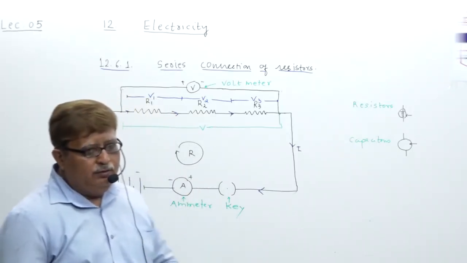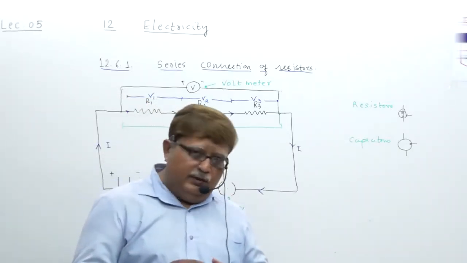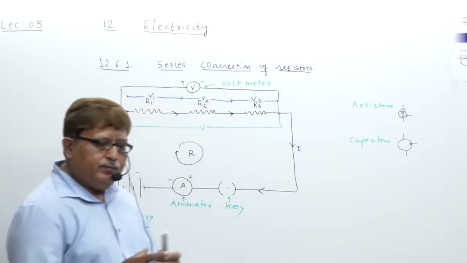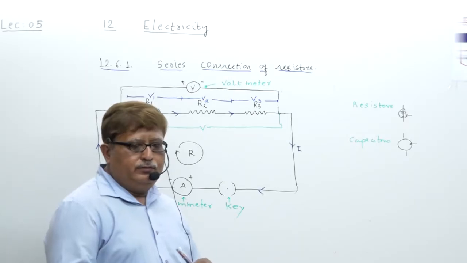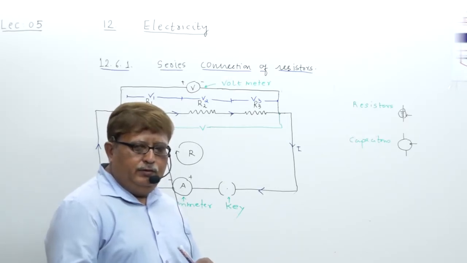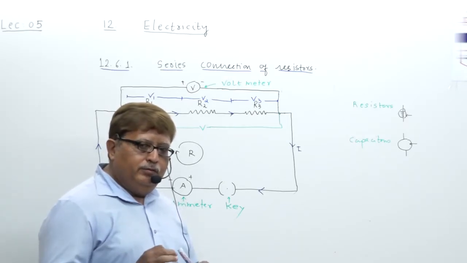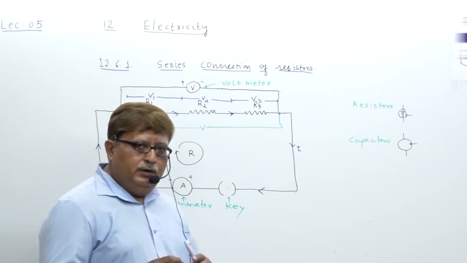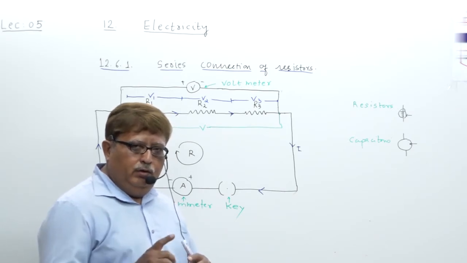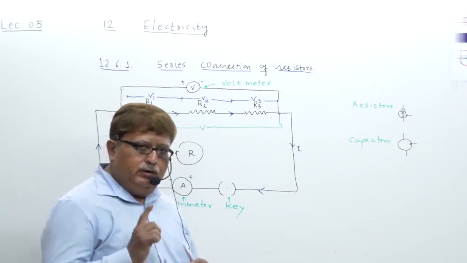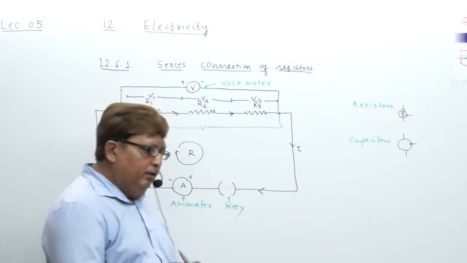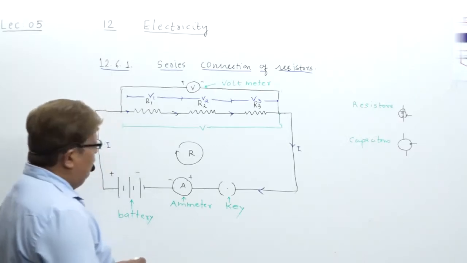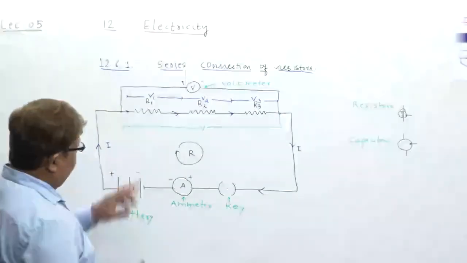Understand, that is what we are now trying to understand. Okay. Let us try to establish or try to find formula of equivalent or total resistance of circuit. Okay. Now, my dear student, just try to understand.